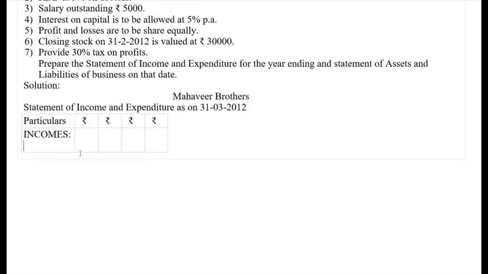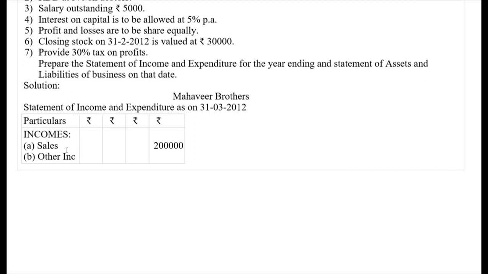Now let's go for calculating here. So A, sales. Sales in the problem is given as rupees 2 lakhs. Then B, other incomes.